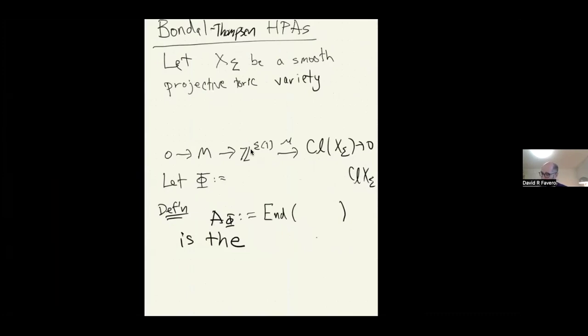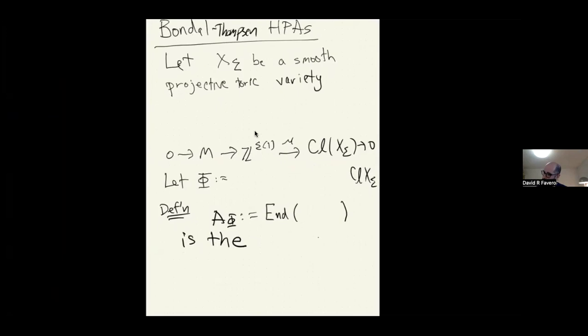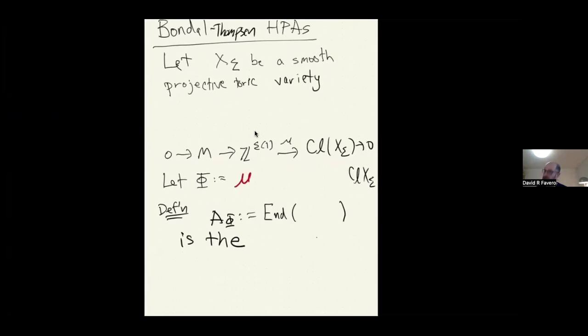So this also comes with the stratification. I don't know what the familiarity here is with toric geometry, but if you have a toric variety, it comes with this exact sequence. And you can define the image of this map.